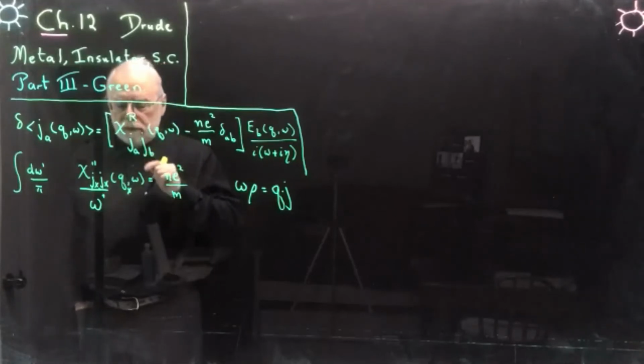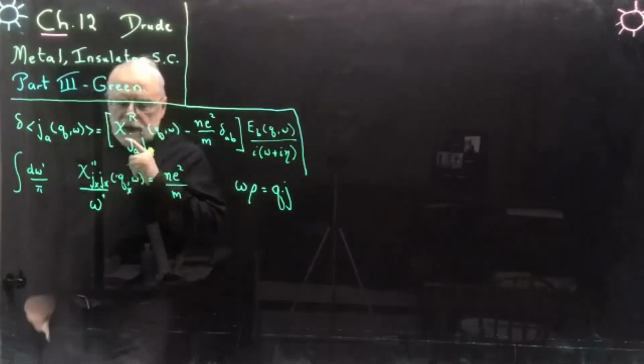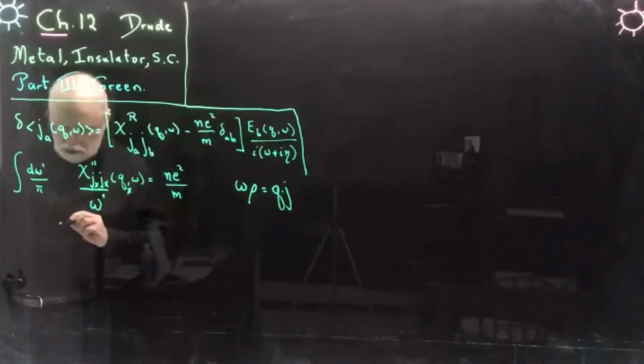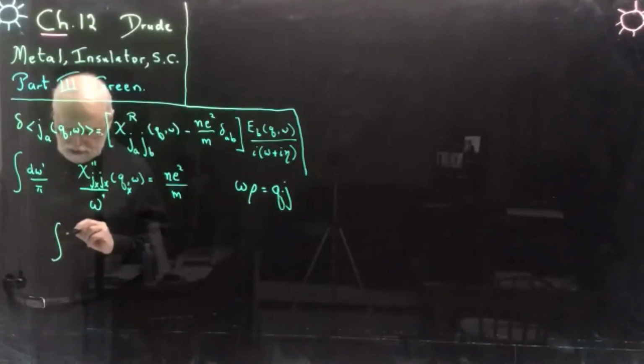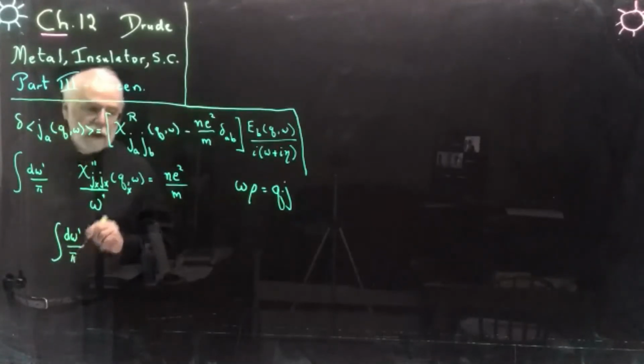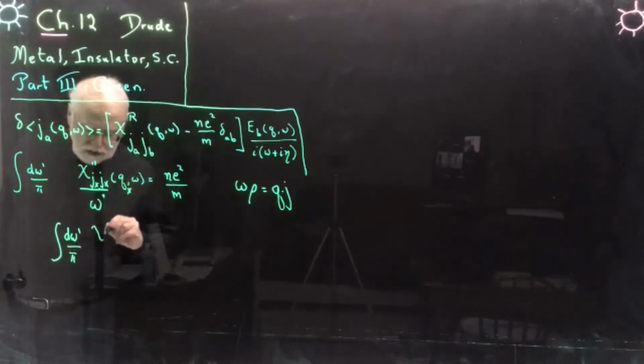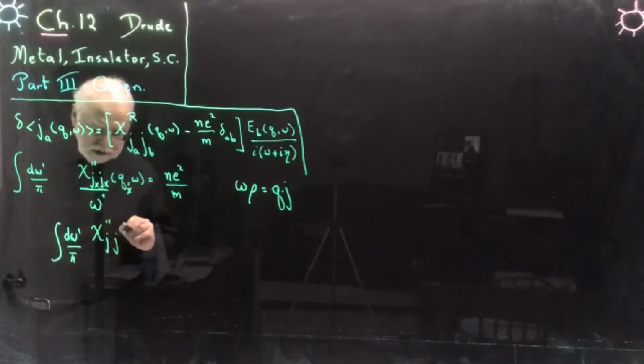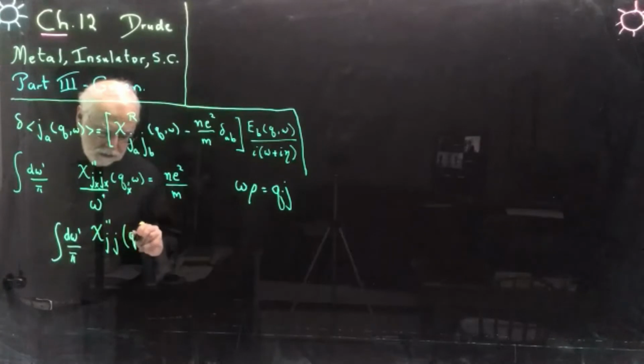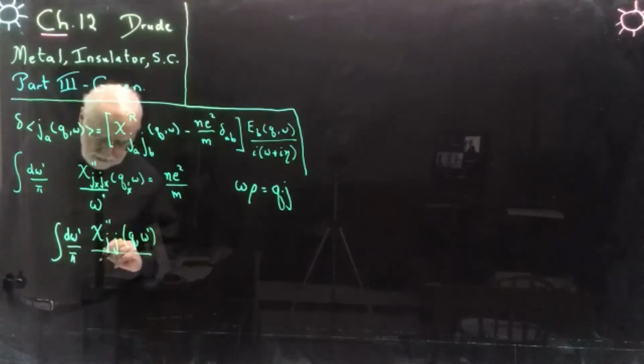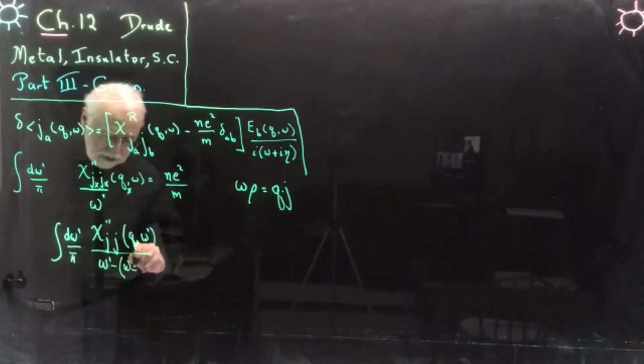Because we have to remind ourselves that this guy JJ is equal to the integral d omega prime over pi of chi double prime j of q, omega prime divided by omega prime minus omega plus i eta.